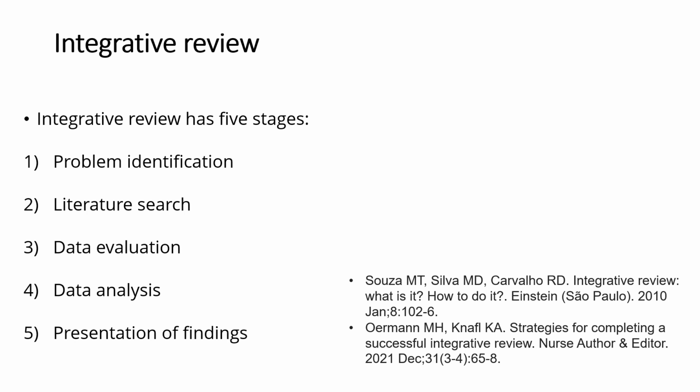The third one is data evaluation. Actually, before data evaluation, you may undergo data extraction. You have to extract the main characteristics from included articles. I mean, the main characteristics means the main concept that you want to address, the main issues that you want to answer in your research questions. Data evaluation involves assessing the quality of individual studies and other types of literature in the review.